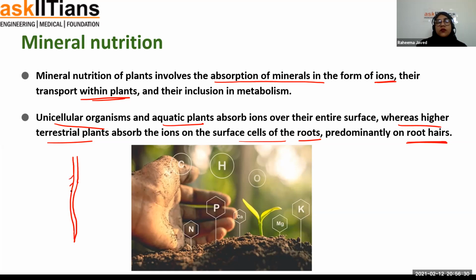And the root hairs, you can observe by uprooting a plant, they come out like tiny little hair-like structures, and they are basically numerous on the surface of the root, which helps in further increasing the surface area for absorption of water. So this is the importance of the root hairs on the roots.